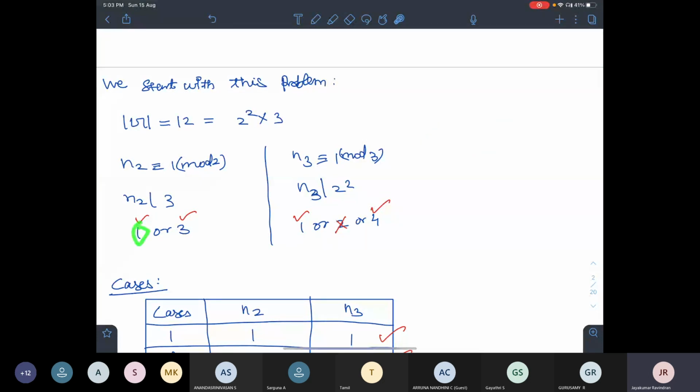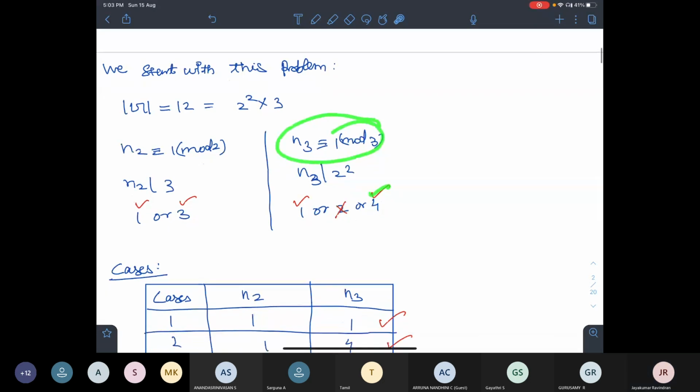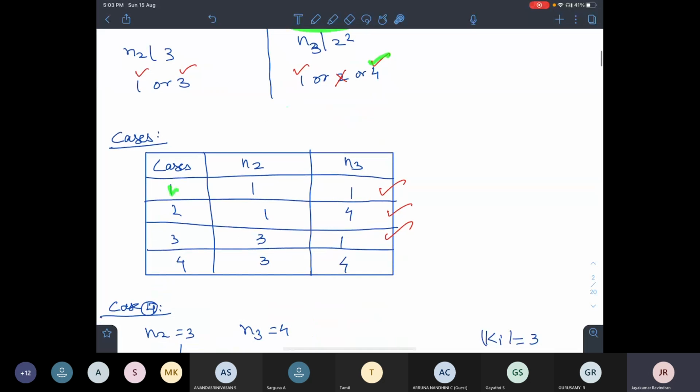If I put 1, 1 minus 1 is 0, okay. 3 minus 1 is 2, 2 is divisible by 2. So both are satisfied. But for n3, 1 is satisfied, 2 does not satisfy, 2 minus 1 is not divisible by 3. But 4 minus 1 is 3, divisible by 3, so this equation is satisfied.